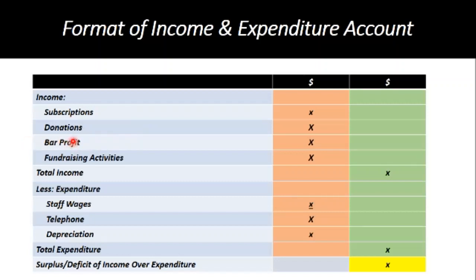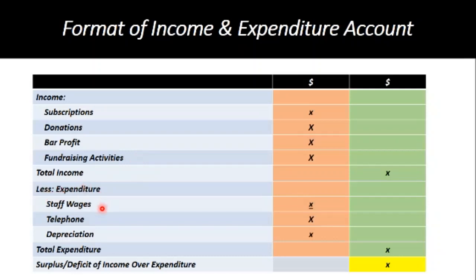This would be the bar sales minus the bar expenses. In fact, you have to do a trading and profit and loss account for the bar, and only the profit comes in here. Fundraising activities, you take the receipts minus the expenses and you put it in here. So this will be coming from the receipts and payments account.